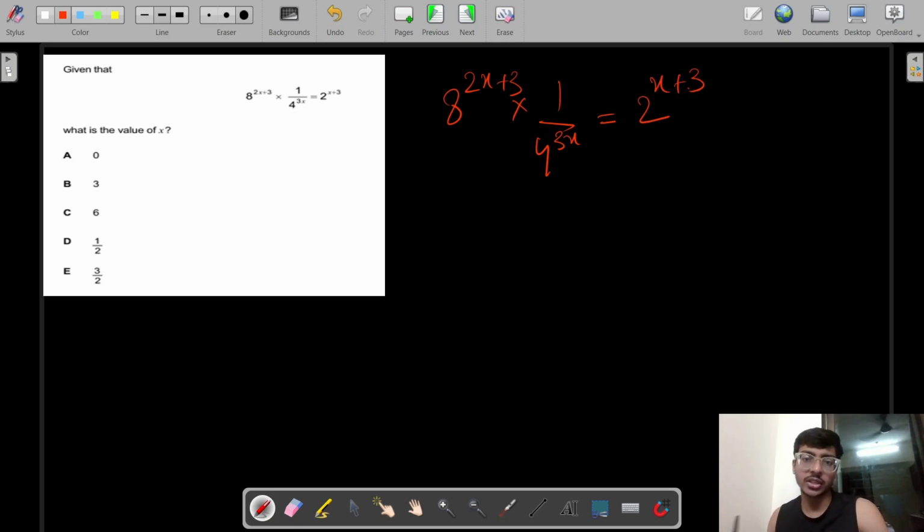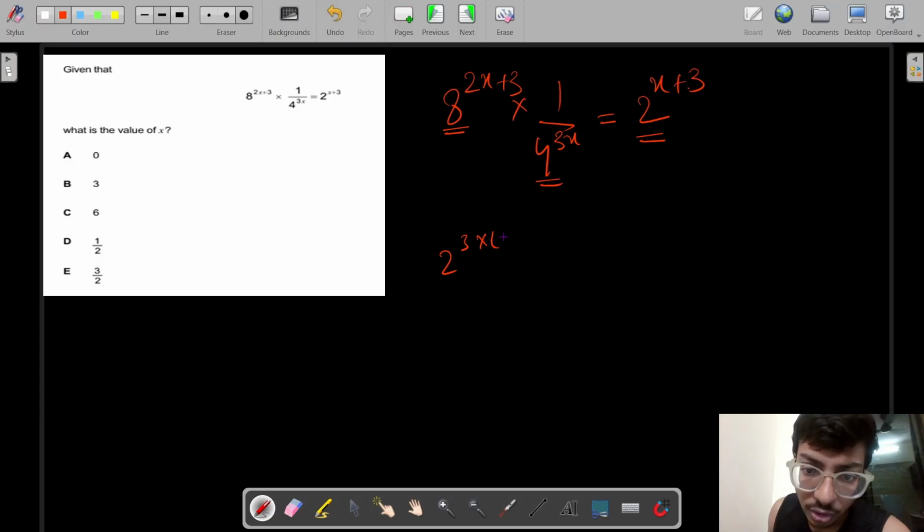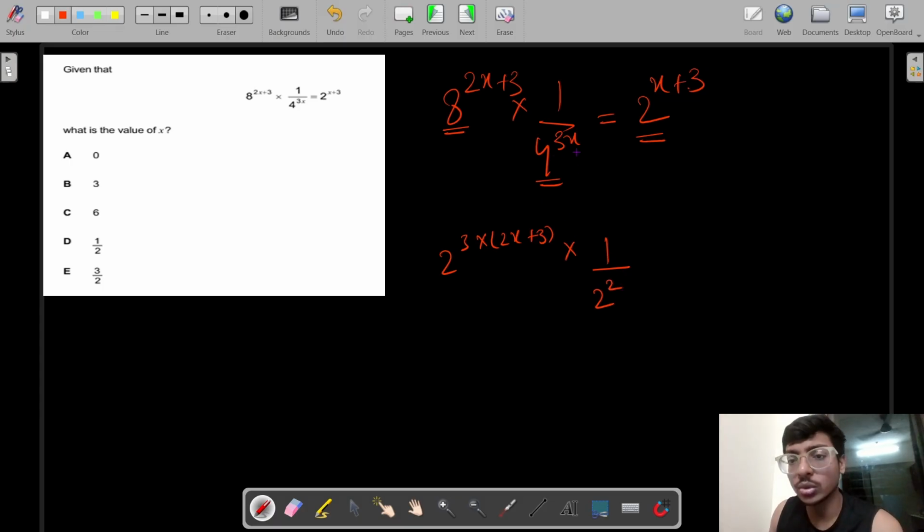Whenever you see such a problem, the very first thing that should come to your mind is to make the base of every number the same, right? So this 8 can be written as 2 to the power 3, so 2 to the power 3 into 2x plus 3, into 1 upon 4, which is 2 squared, to the power 3x, which is equal to 2 to the power x plus 3.